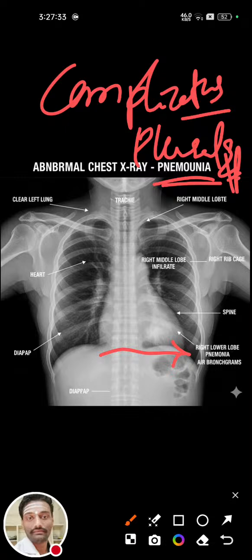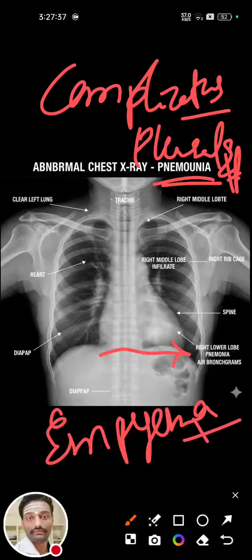Next one is empyema. What are the changes in the X-ray in empyema cases? A thick-walled pleural collection will be seen, and it does not change in position.